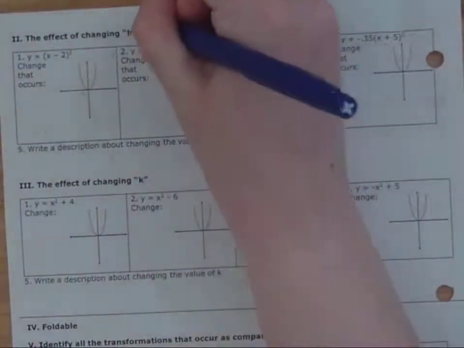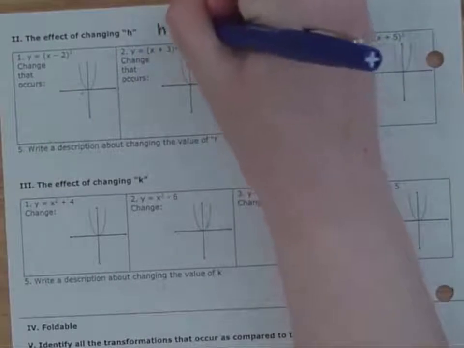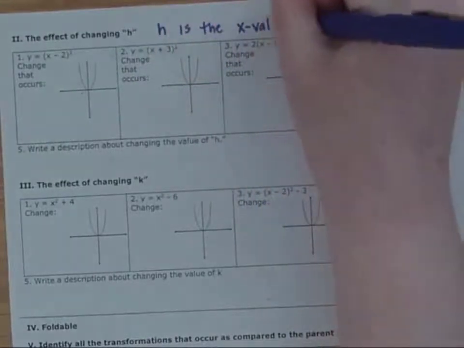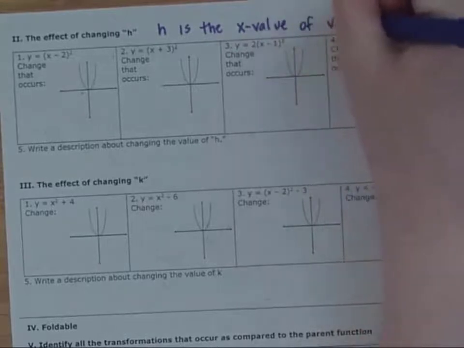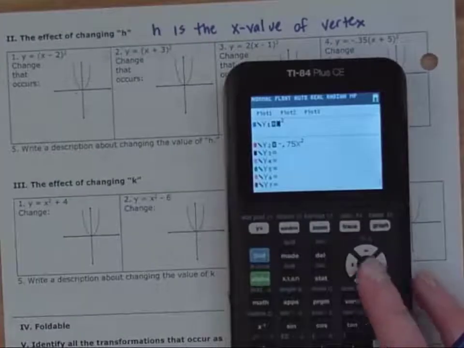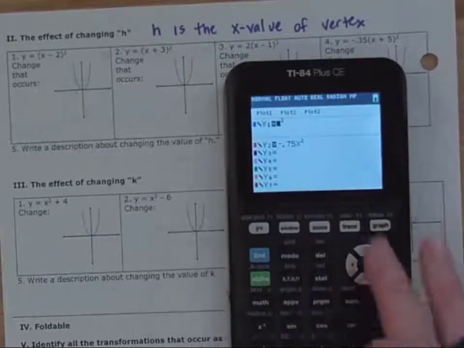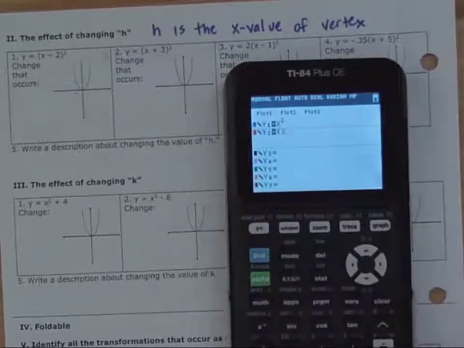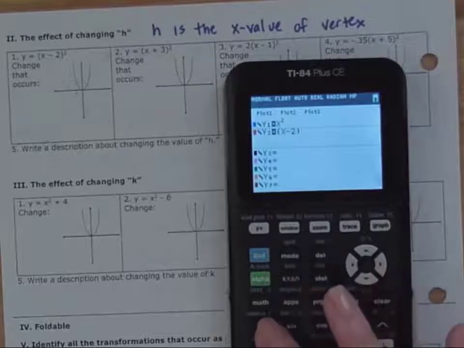Remember that h is the x value of the vertex. So think about how that might react in the function. If I have my parent function, keeping it there, what if I say x minus 2 squared?